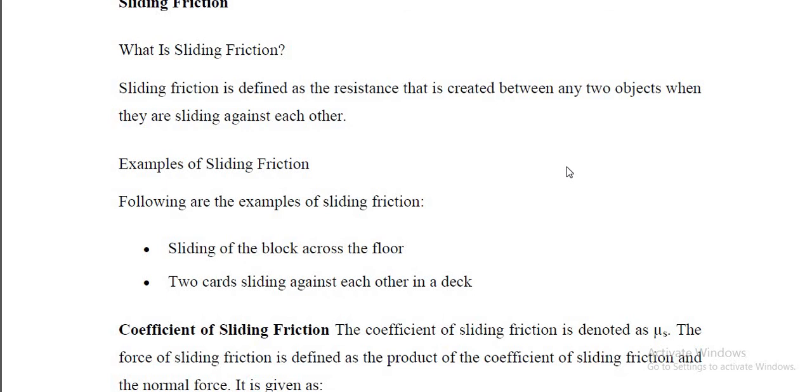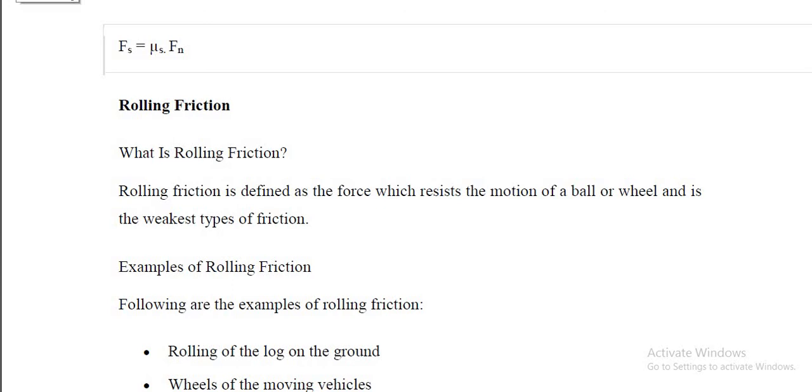The force of sliding friction is defined by the product of the coefficient of sliding friction and the normal force: Fs equals mu s into Fn, where mu s is the coefficient of sliding friction and Fn is the normal force.